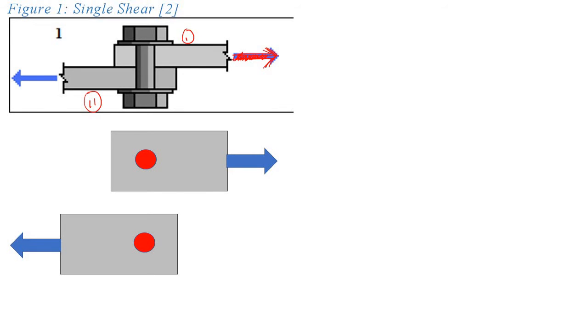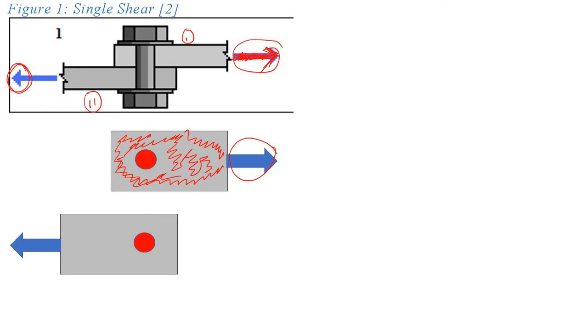This is the load which is being applied, and this is the reactive force. First, of course, this load and this load are the same. This load is going to travel like this. It can go anywhere, we don't know, and it simply tends to move this plate away towards the right.